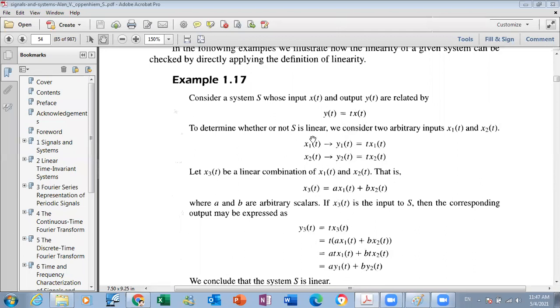The output due to x3 will be t x3(t), where x3(t) is a x1(t) plus b x2(t).